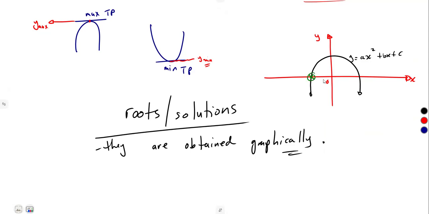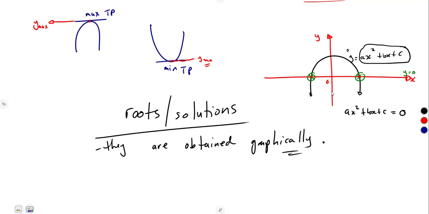That is where the graph intersects with the x-axis, since that is where y is equal to 0. You are solving the equation when you take ax² + bx + c to be equal to 0, meaning you let y be equal to 0, which is on the x-axis. That is why we are focusing on the x-intercepts.